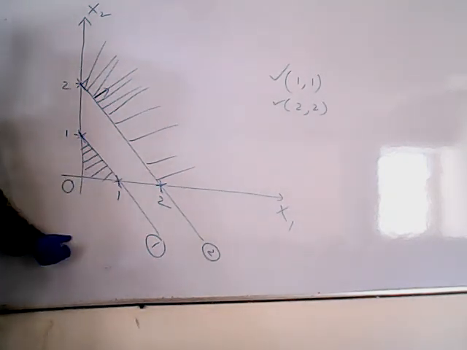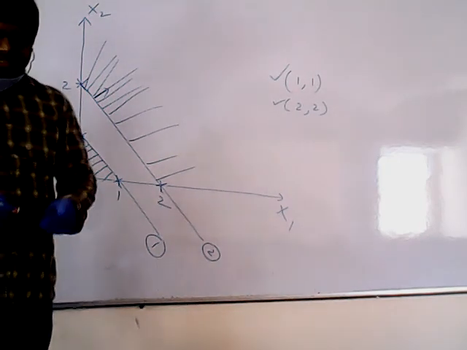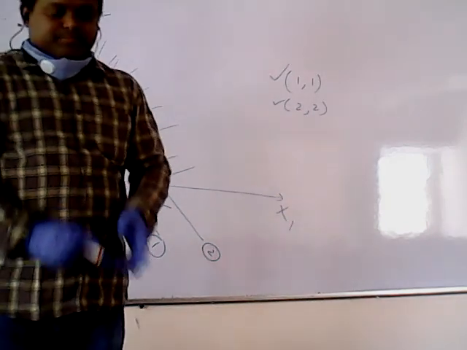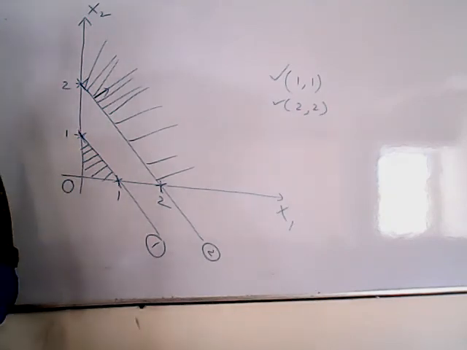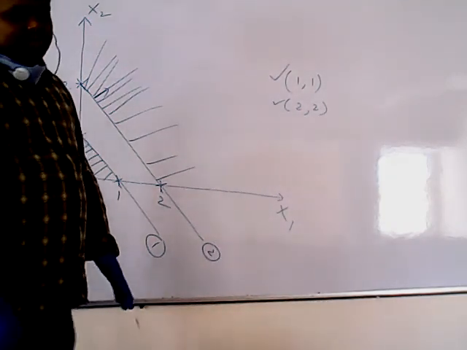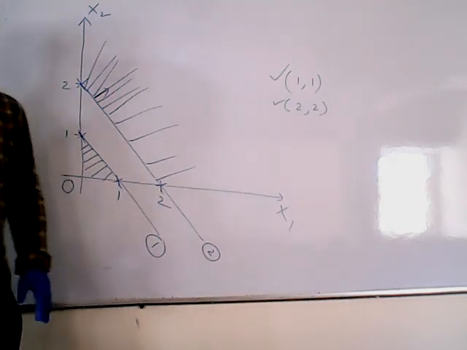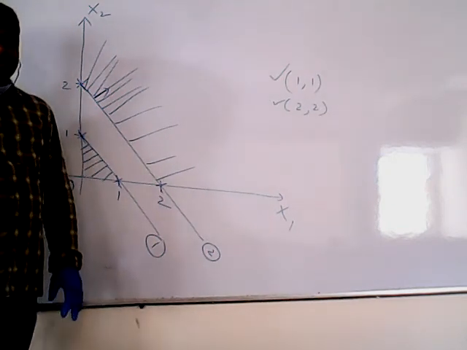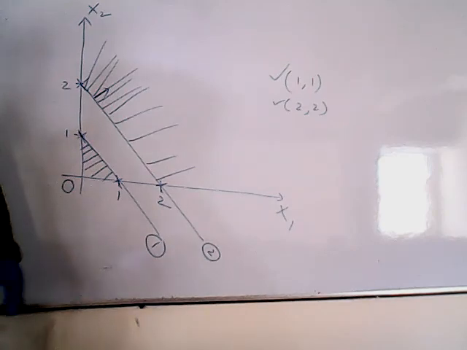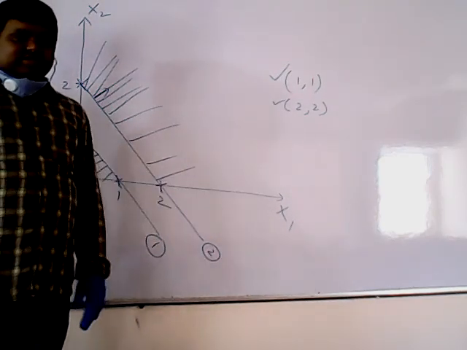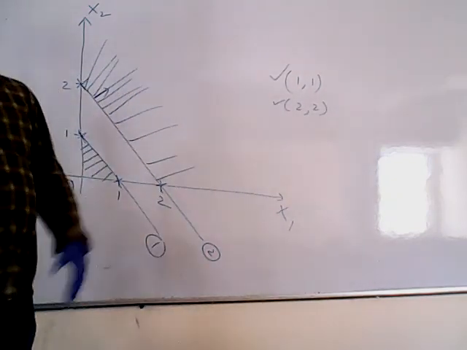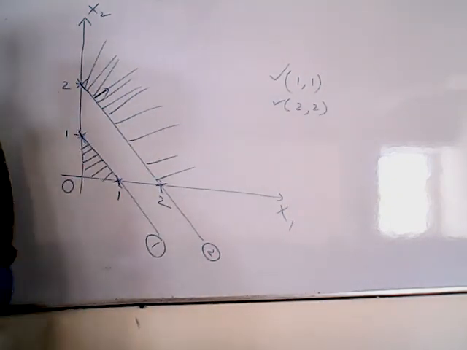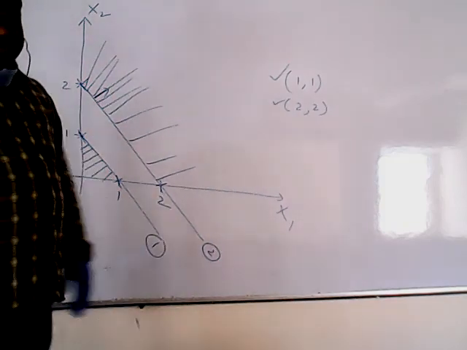So step number 2 is completed. Step number 3, what do you write? There exists an infeasible solution to the given LPP, as there exists no common region between the lines.